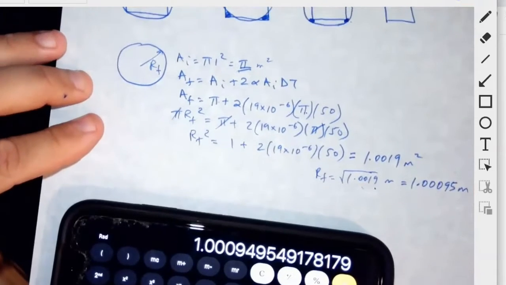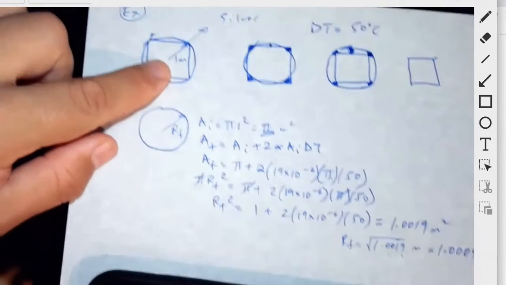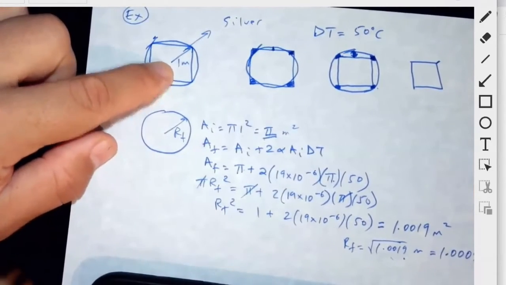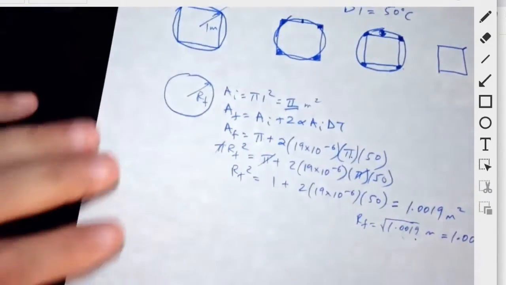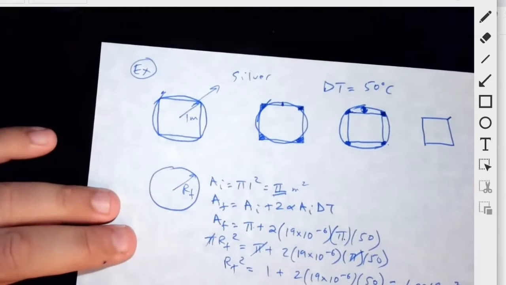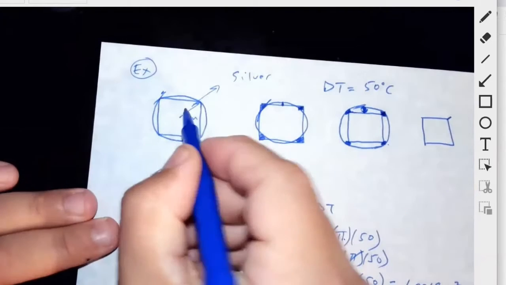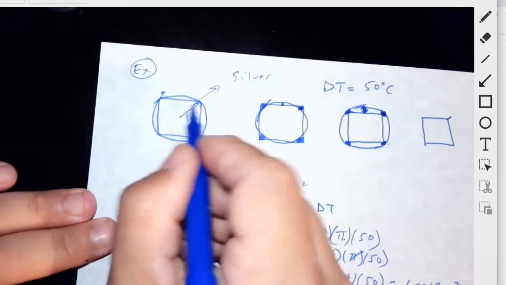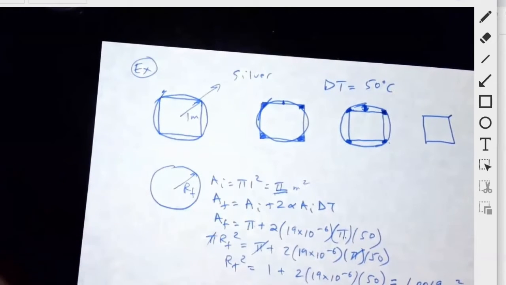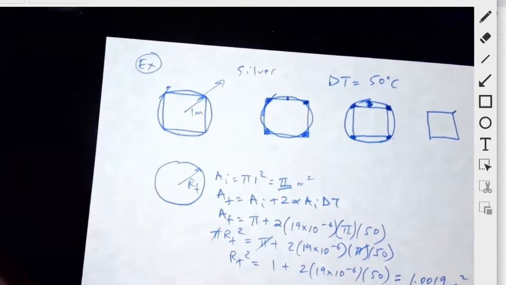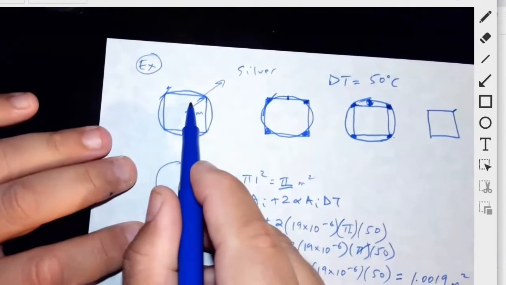Now let's do the square. What's the original area of the square? There's less area, right? So I'm thinking that since it has less area, it's probably going to expand less.